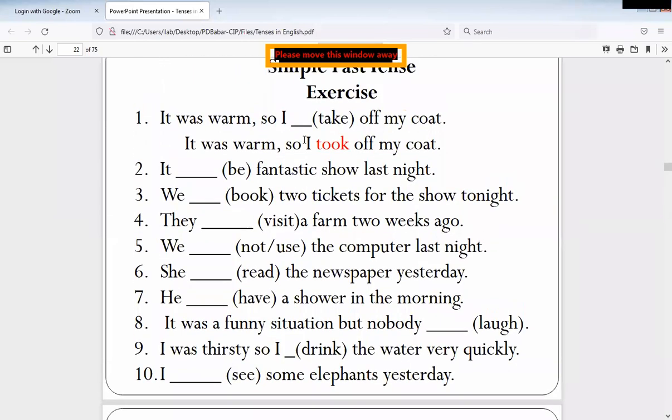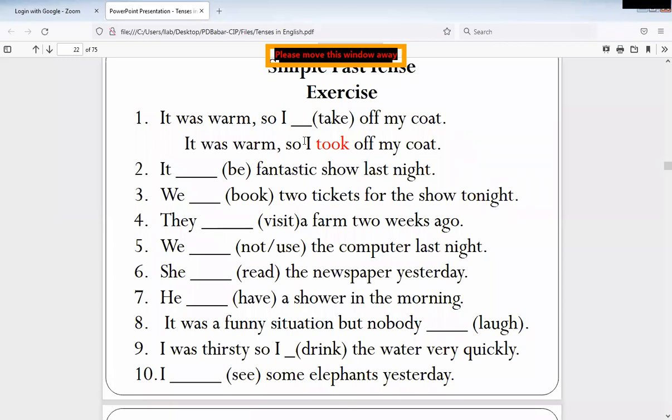Okay, so let's see a simple exercise related to the simple past tense. The first sentence is: it was warm, so I dash, in brackets, take off my coat.